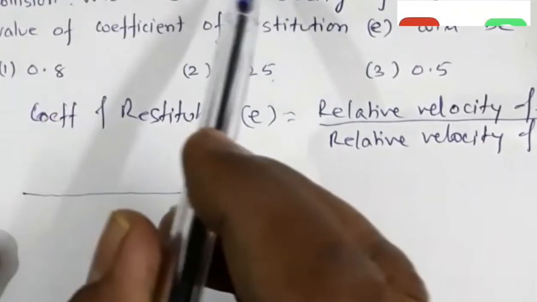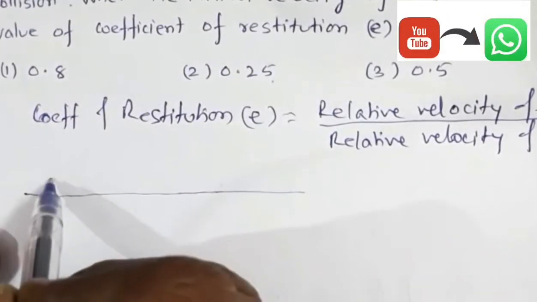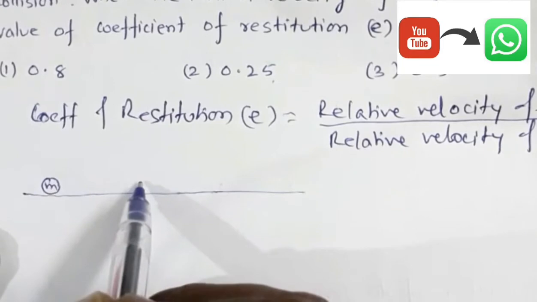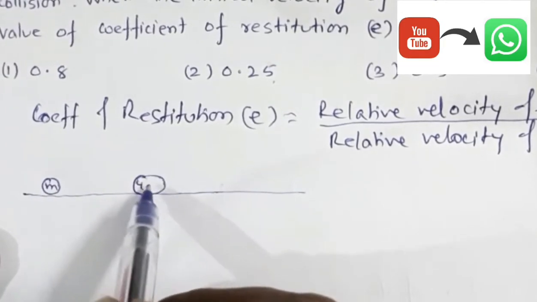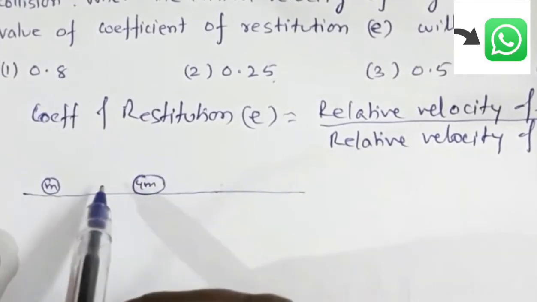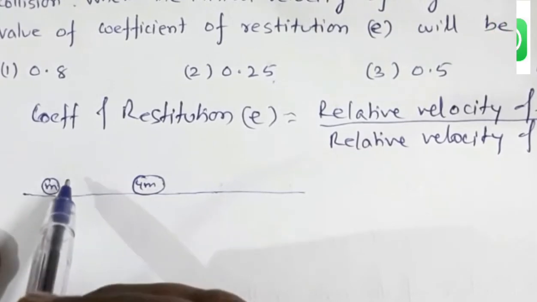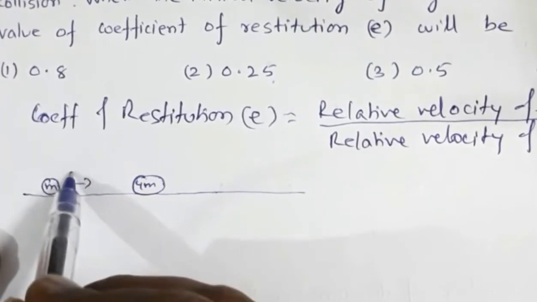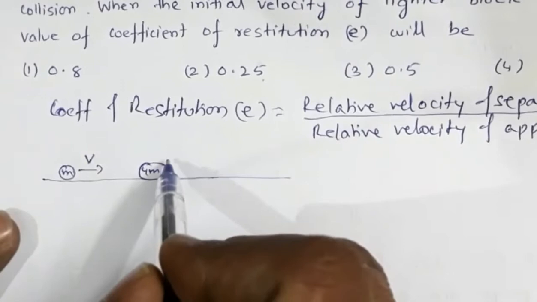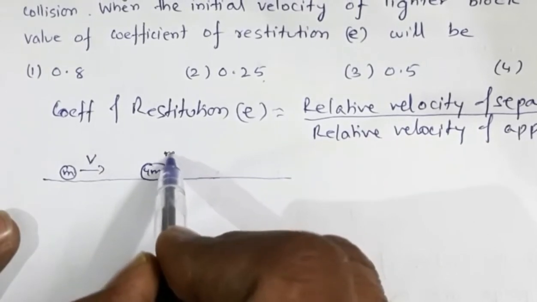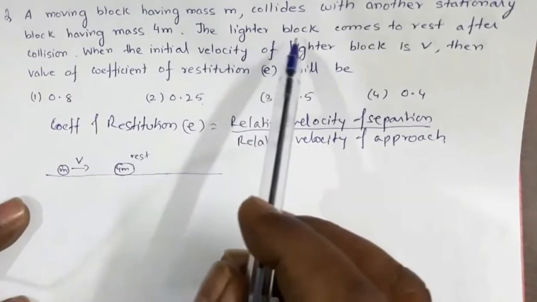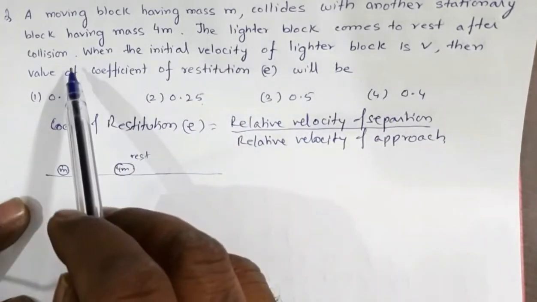So we have two blocks, one of mass m and another block of mass 4m. Now initially this block is moving with velocity v and this block is at rest. Now the lighter block comes to rest after collision.